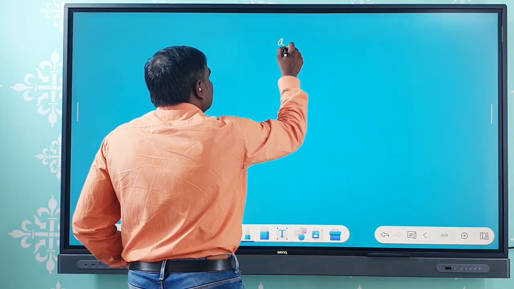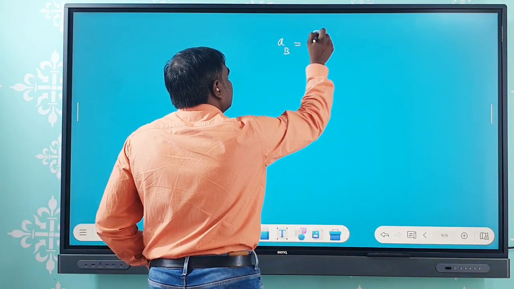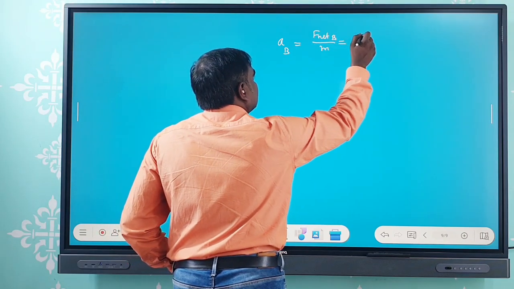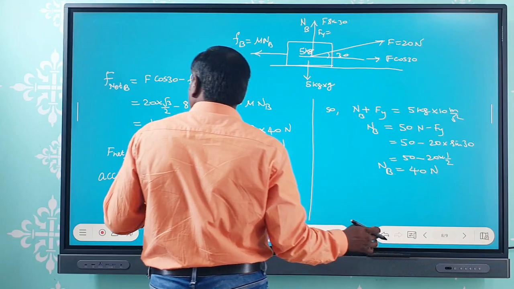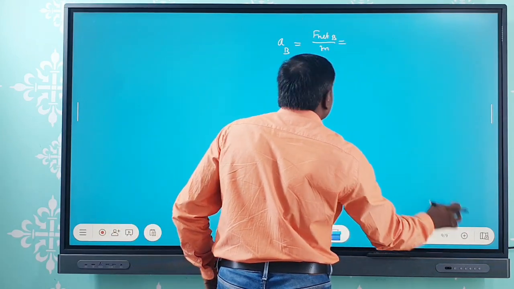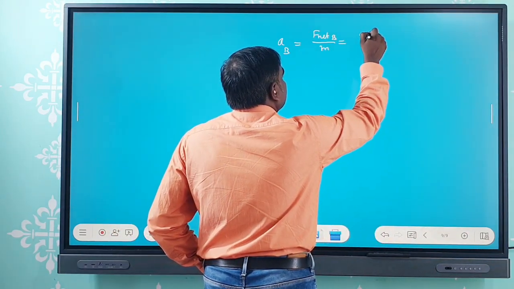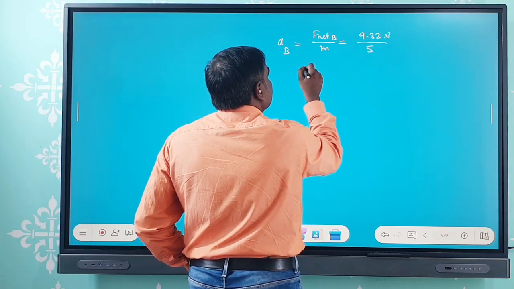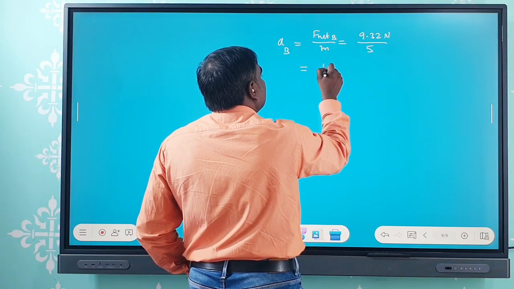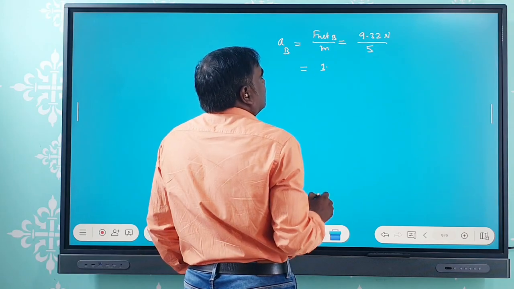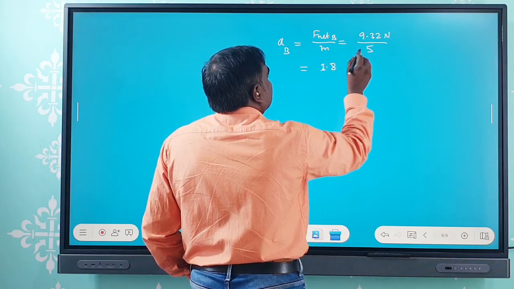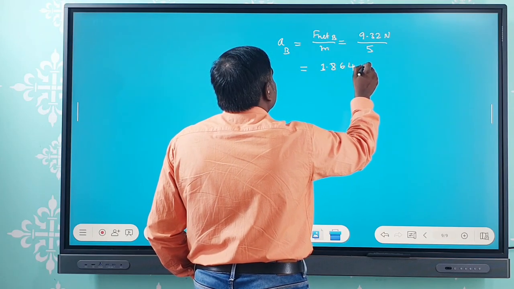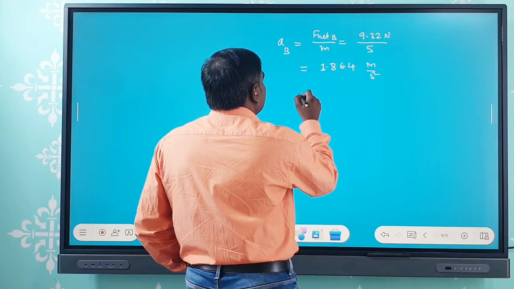aB is equal to F net B upon mass. That is, in our case F net B is equal to 9.32 Newton upon mass 5 kg. So this comes out 1.864 meter per second square.